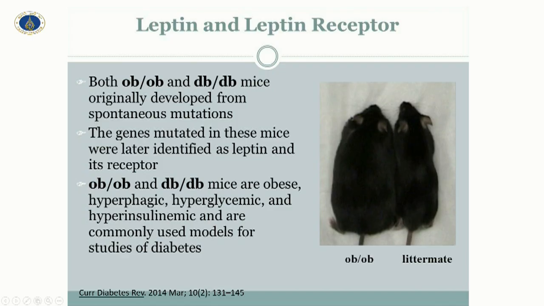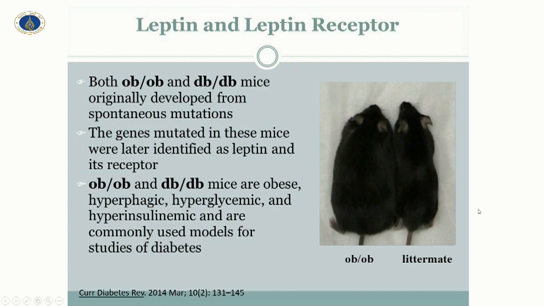In this slide I want to show you animals that are genetically modified, with leptin resistance or lack of leptin. Generally, for example, OB mice are obese even though they don't eat that much. They are obese by nature and they have insulin resistance. With this type of model, if you're interested, you can study the effects on the outcome after you change the diet, or the effect of medication in these animals, compared to the wild type.